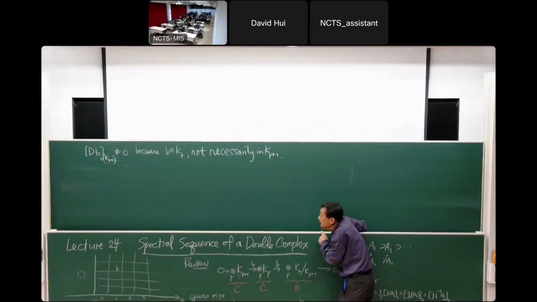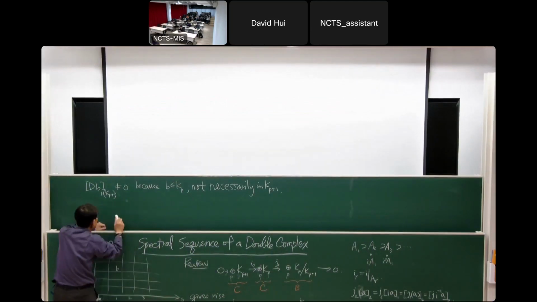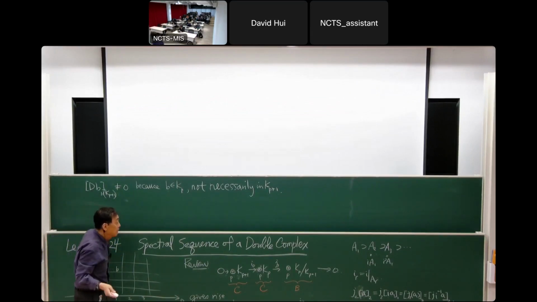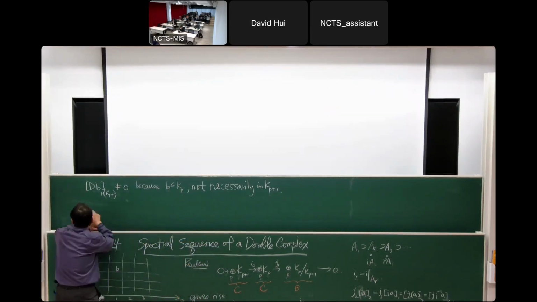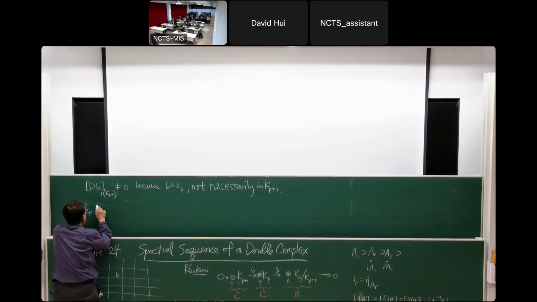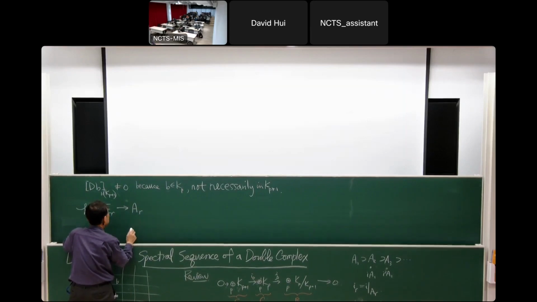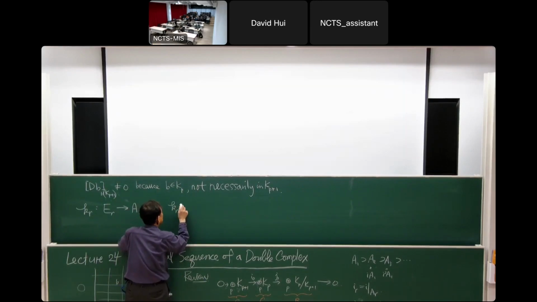Remember the way we defined it when you have an exact couple, right? K prime of an element is just K of that element. So k_r from E_r to A_r is defined to be k_r of a class in E_r.